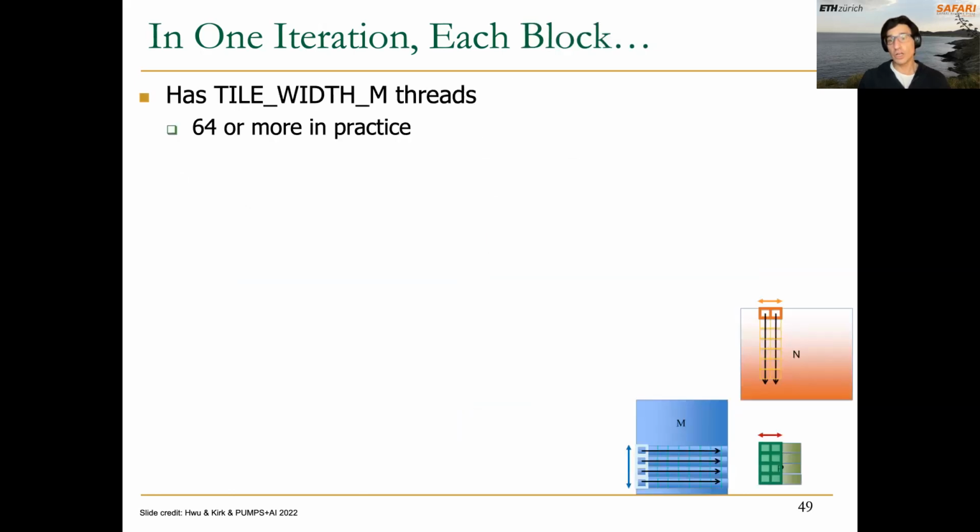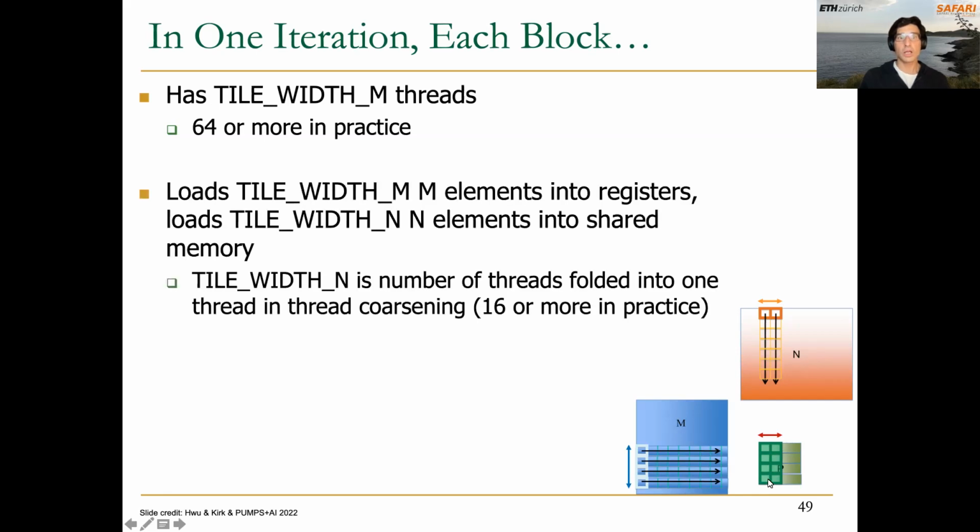So in one iteration, each block has tile width M threads, 64 or more in practice. Remember that these threads are assigned to each of these horizontal strips. So thread 0 starts here, thread 1, thread 2, and thread 3. Each loads tile width M elements of M into registers, and loads tile width N elements of N into the shared memory, as we discussed earlier.